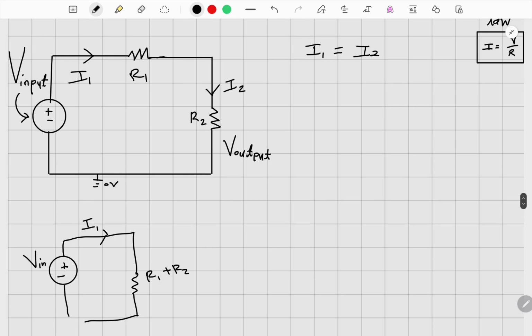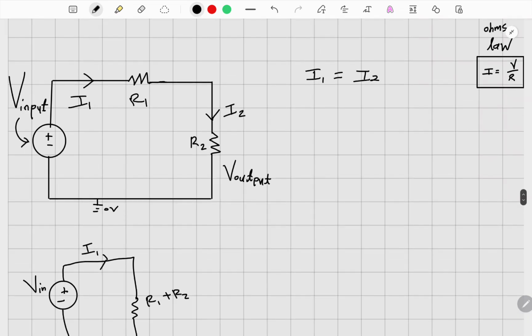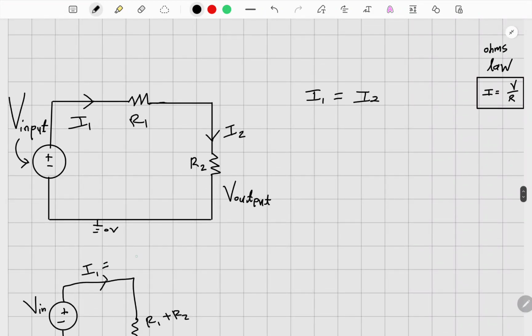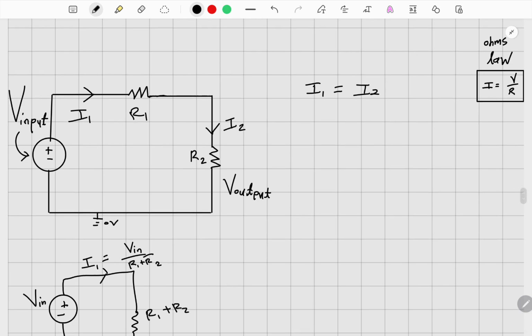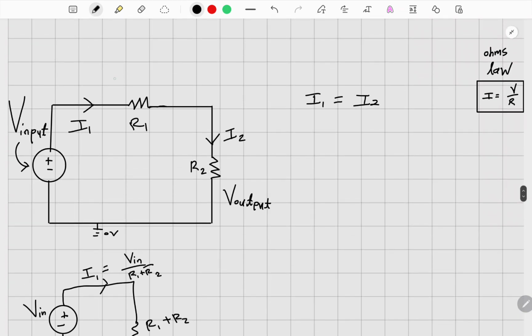So our equation for I1 is going to be I1 equals V input divided by R1 plus R2. And our equation for I2 will be very simple. It's just going to be I2 is equal to V output divided by R2.